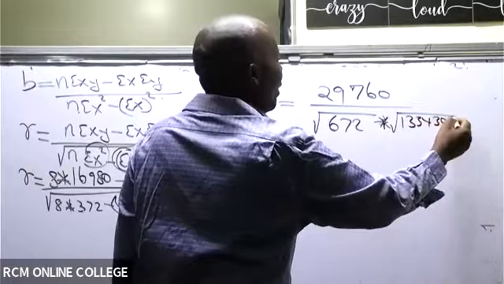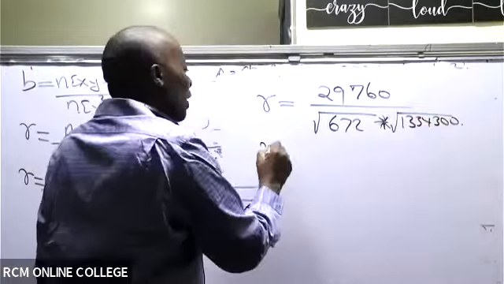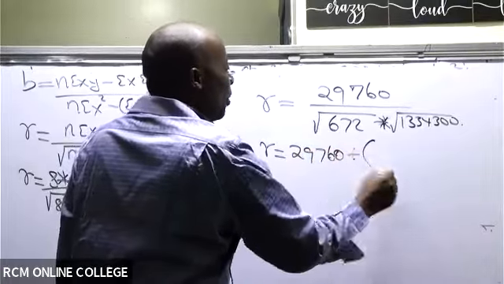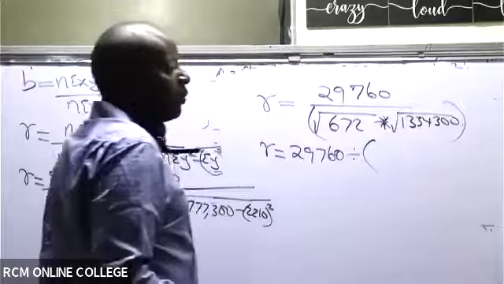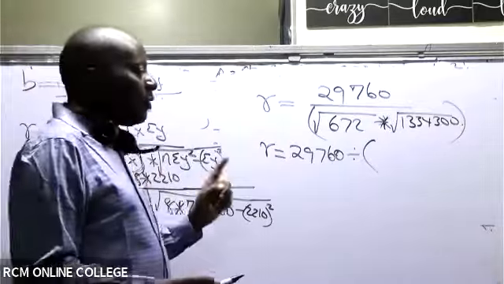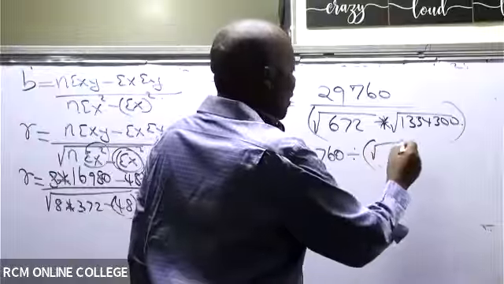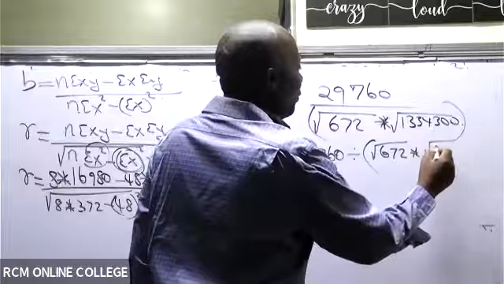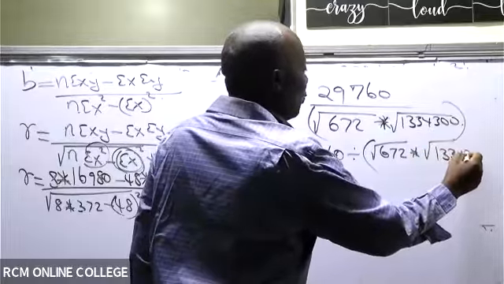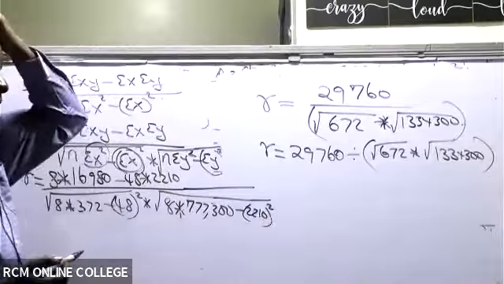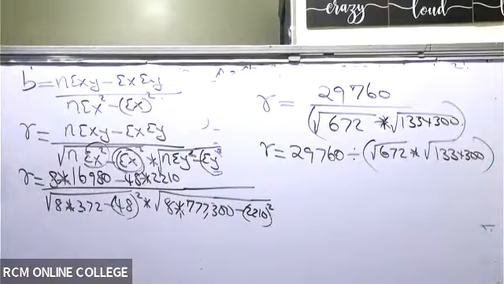So in your calculator, to get this R, you say 29,760 divided by, open bracket, because there are two terms. You must always open brackets. So we have here the square root of 672 times the square root of 1,334,300, and then you close bracket, and then you press equals.